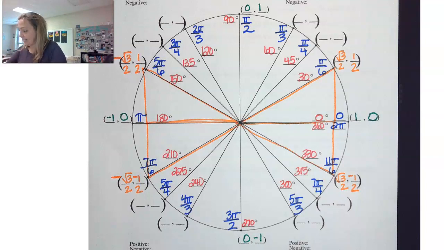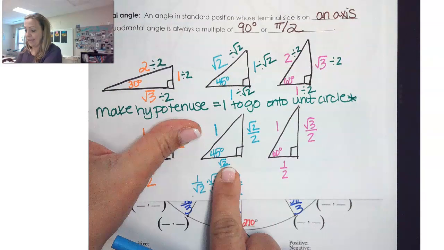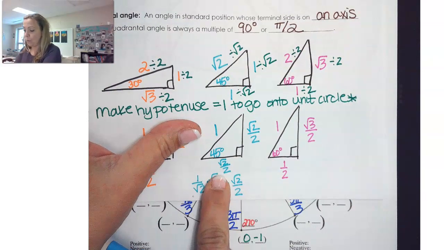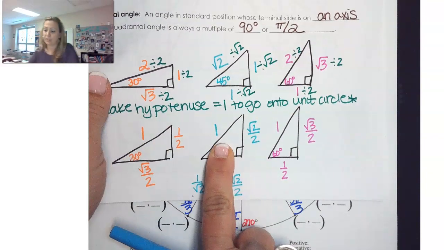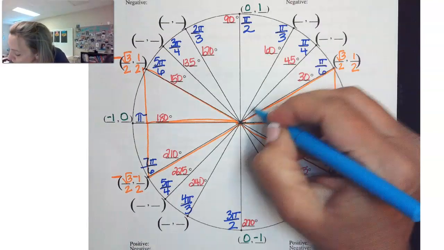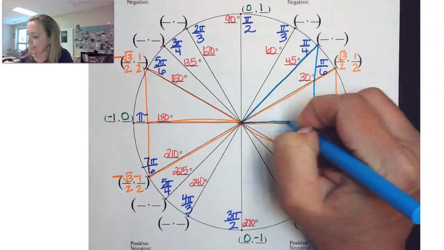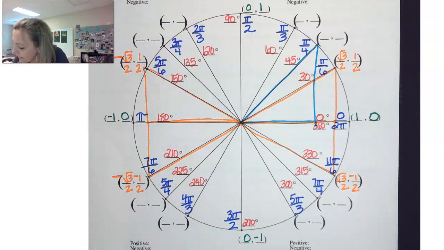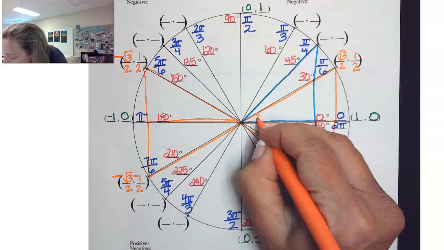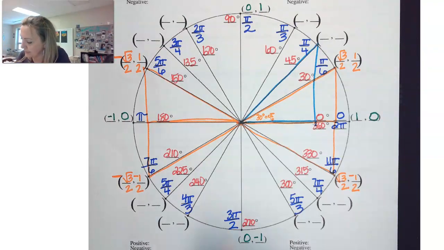Now, the next thing we did is we looked at the 45, 45, 90 triangles. And with its 45 degrees, we said that the x was √2/2, the y was √2/2, and again, the radius, which is the hypotenuse, is 1. So I drew for you this 45, 45, 90, like a medium triangle, okay? This right here is 30 degrees, or π/6.